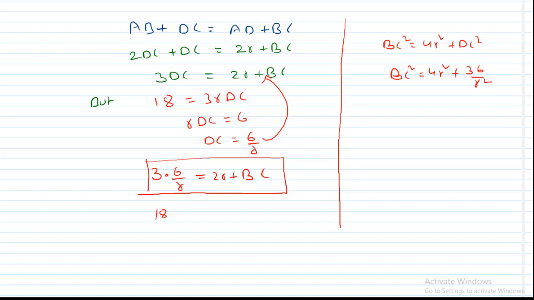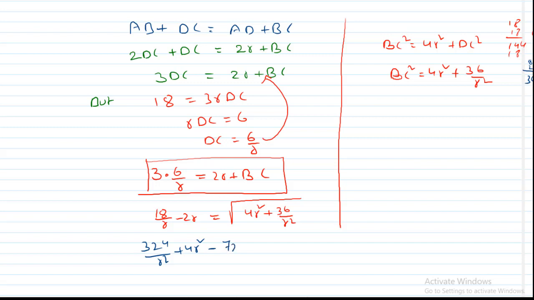18 by R minus 2R equal to root over 4R square plus 36 by R square. Okay students, this is 324 by R square plus 4R square, minus 1872 is equal to 4R square plus 36 by R square.